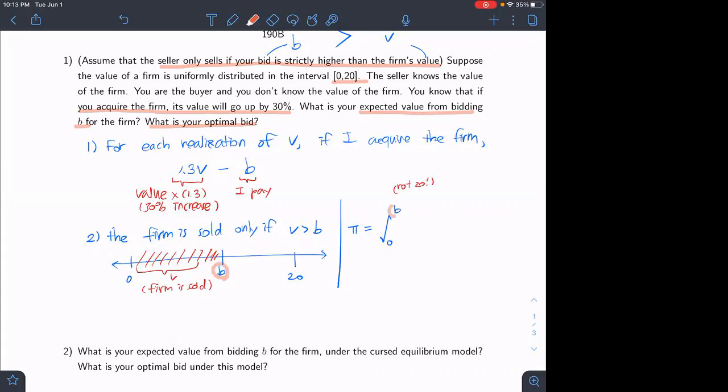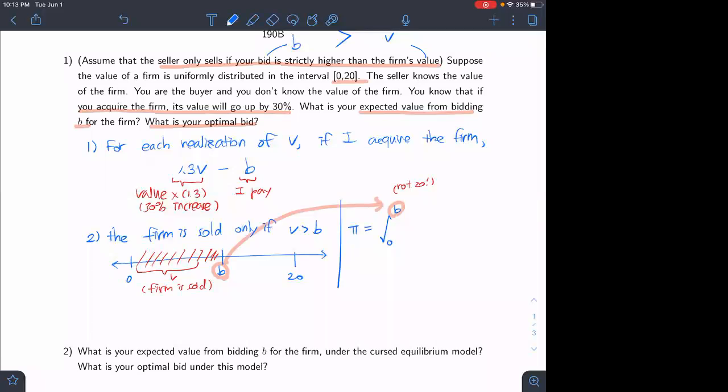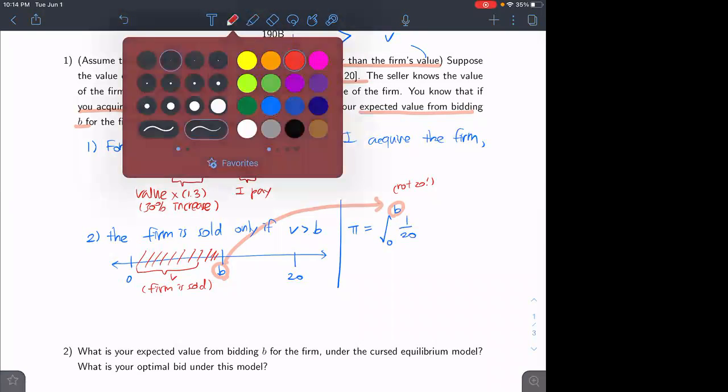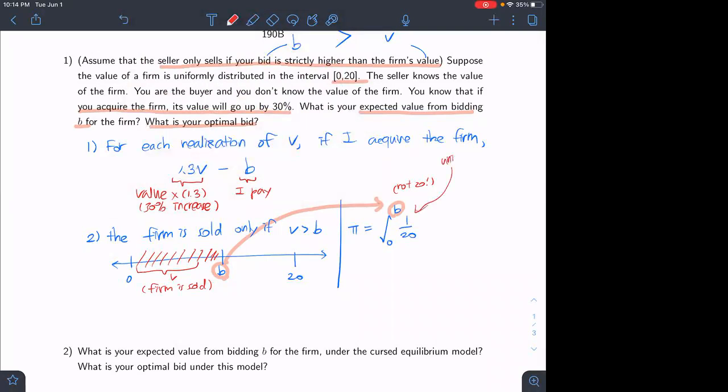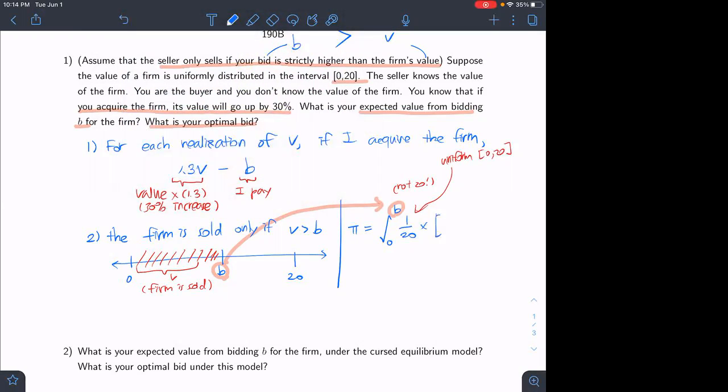And this B is coming from the B at the left-hand side of this diagram. Each of these realizations can happen with probability 1/20. This is coming from our assumption of a uniform distribution from 0 to 20. And then what I can earn is 1.3 times V minus B. This is coming from step 1 here.